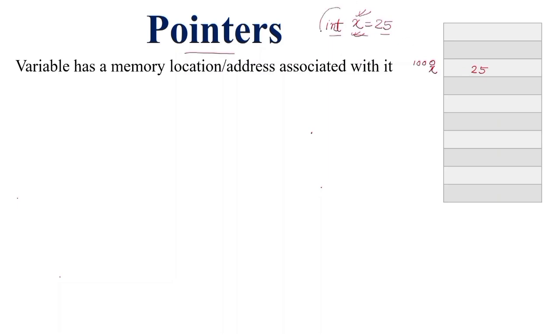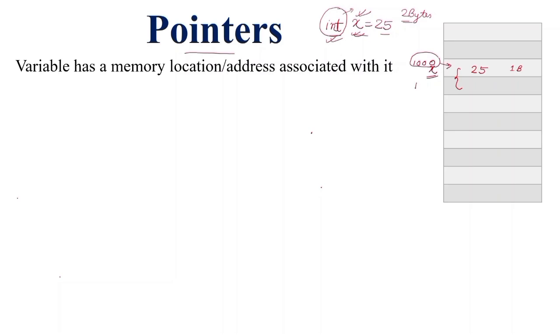Now if it is of integer type, suppose your compiler supports 2 bytes for the integer data type, and one cell is 1 byte. So these two cells will be allocated to your x variable, and the starting address is 1000, of this cell.